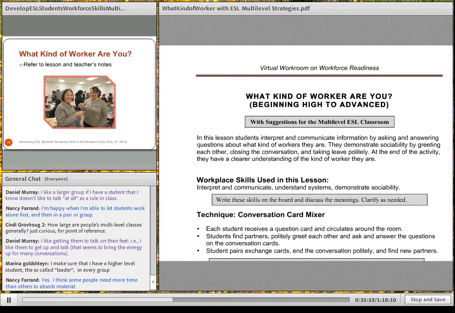So this was very helpful. They demonstrate sociability by greeting each other, closing the conversation, and taking leave politely. In other words, moving on to another student that they're going to speak with. At the end of the activity, they have a clearer understanding of what kind of worker they are.